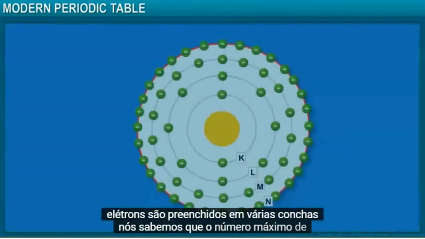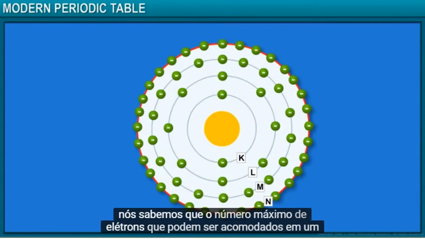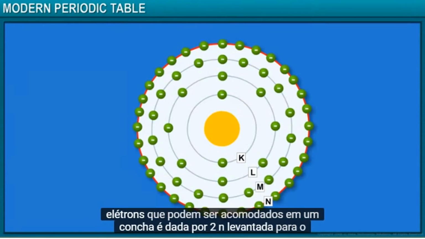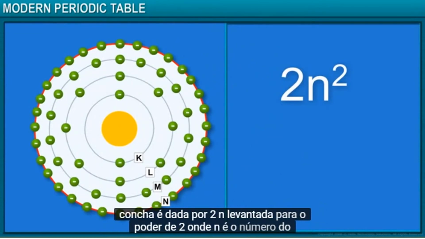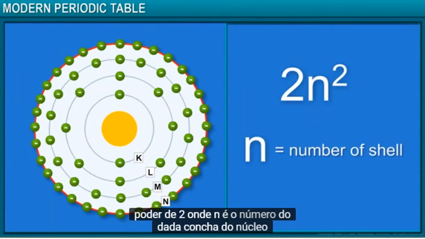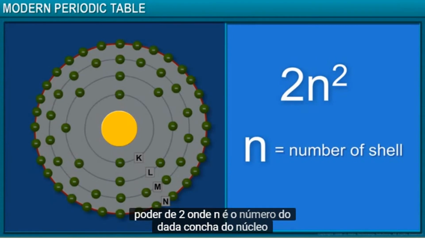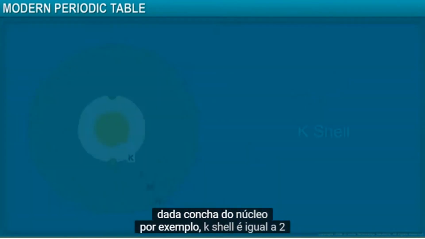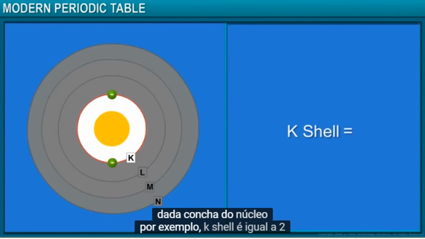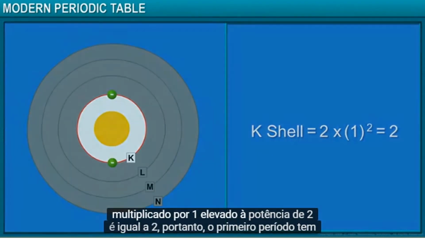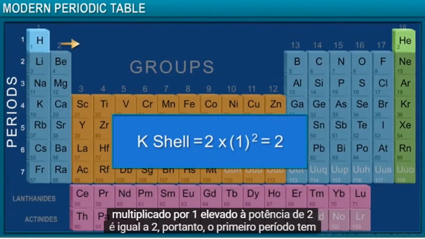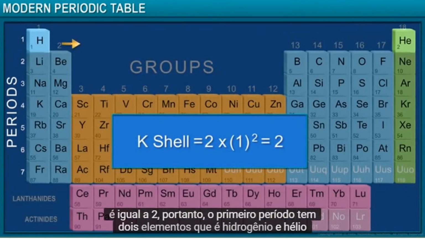We know that the maximum number of electrons that can be accommodated in a shell is given by 2n raised to the power of 2, where n is the number of the given shell from the nucleus. For example, K shell is equal to 2 multiplied by 1 raised to the power of 2 is equal to 2. Hence the first period has 2 elements, that is, hydrogen and helium.